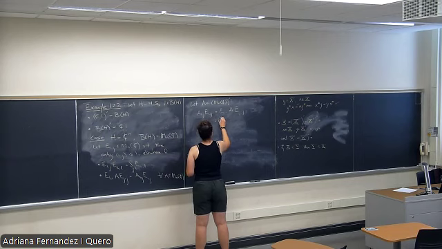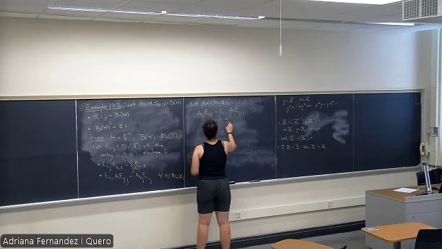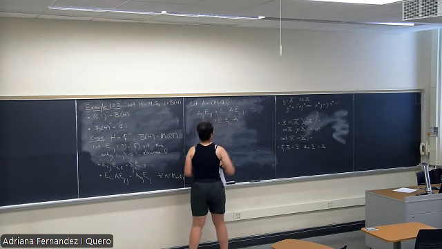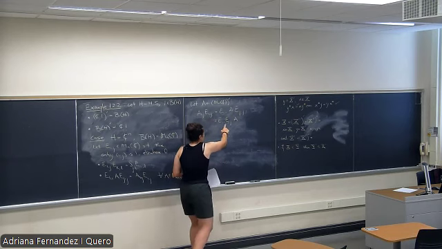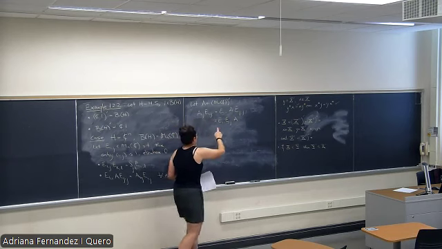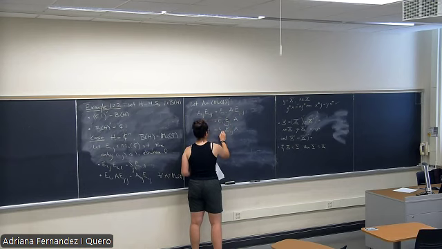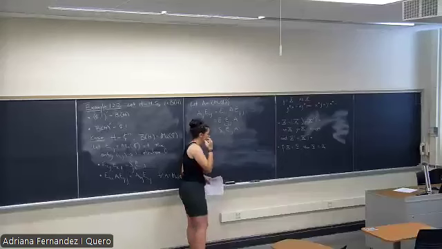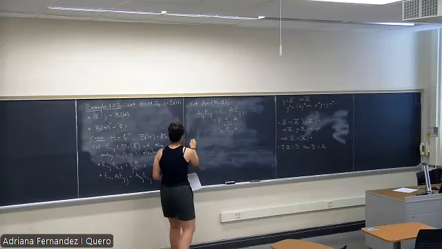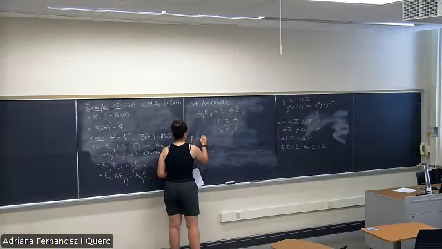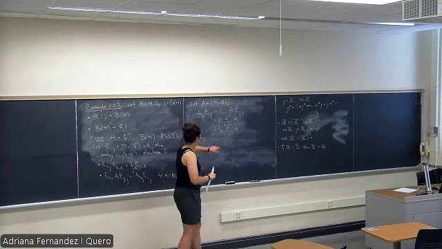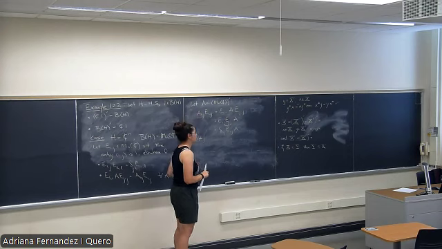So you have E_ij times A. But now you know how to multiply these two matrices. What you obtain is that you will get E_ij times A only if these two coincide. So what it means is that if i is distinct from j, this will be a 0, and so the ij entry of A will be 0.